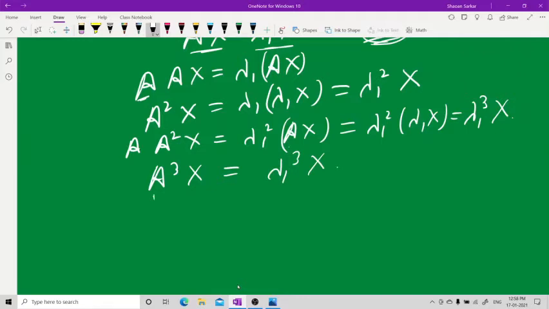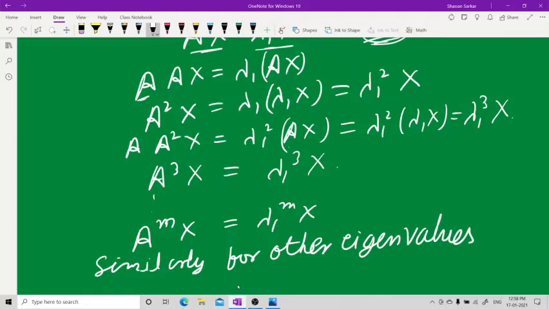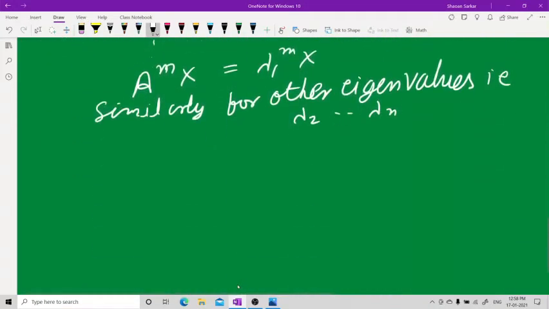Similarly, if I carry on with this, A to the power of m x will become lambda 1 to the power of m x. Similarly for the other eigenvalues, that is, for lambda 2 up to lambda n, the process is similar. Now we will see the next property, I think it is the fourth property.